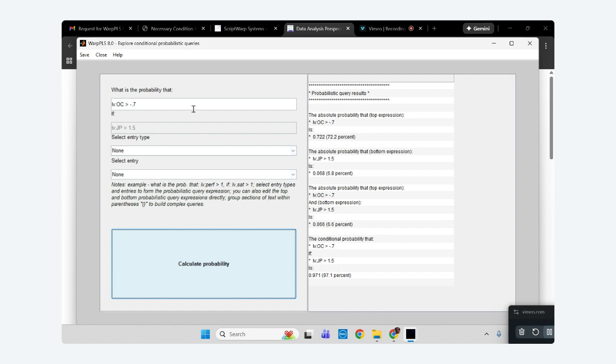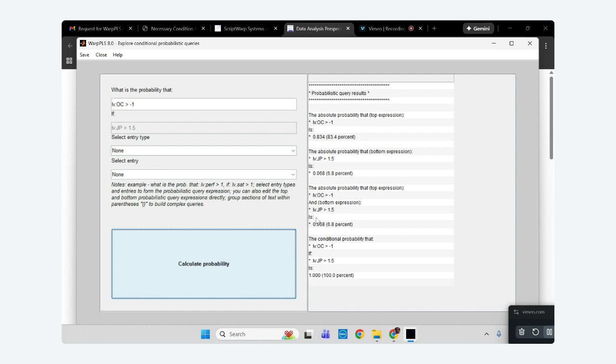Still not 100%. So I'm going to go to 0.9. Not 100% yet. Let me go to 1. 100%. So OC being greater than -1 standard deviation from the mean means that I'm covering the top 83.4% of OC.